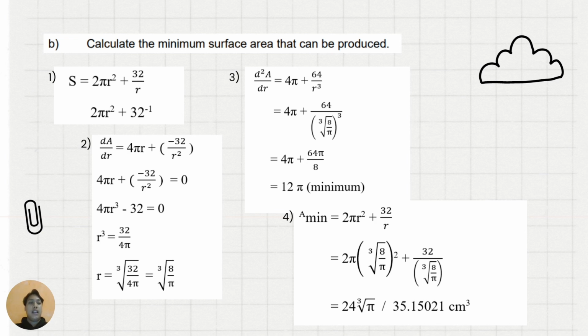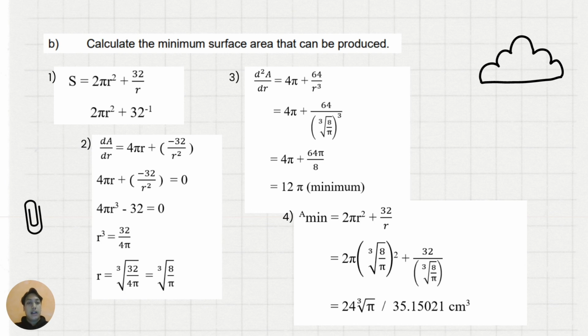Then we move the power of 3 to the right side, so it will be the cube root of 32 over 4 pi. And then we simplify again and it will be the cube root of 8 over pi.